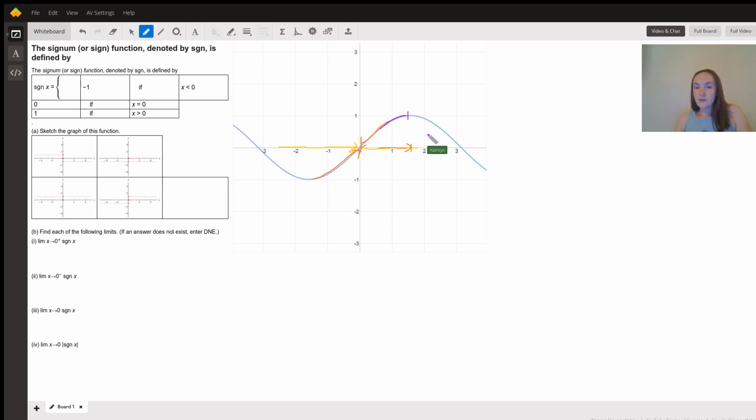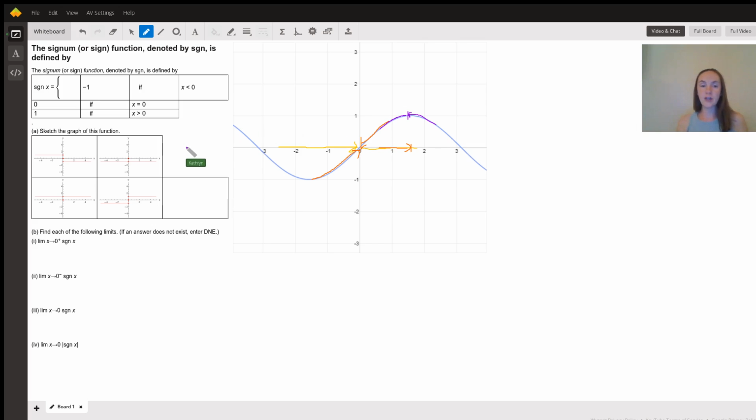That's coming from the negative direction. Same thing coming from the positive direction, it's approaching 1. So the key thing in this example is that everything matches. Whether I'm coming from the negative direction or the positive direction, everything matches up, and so my limits exist.